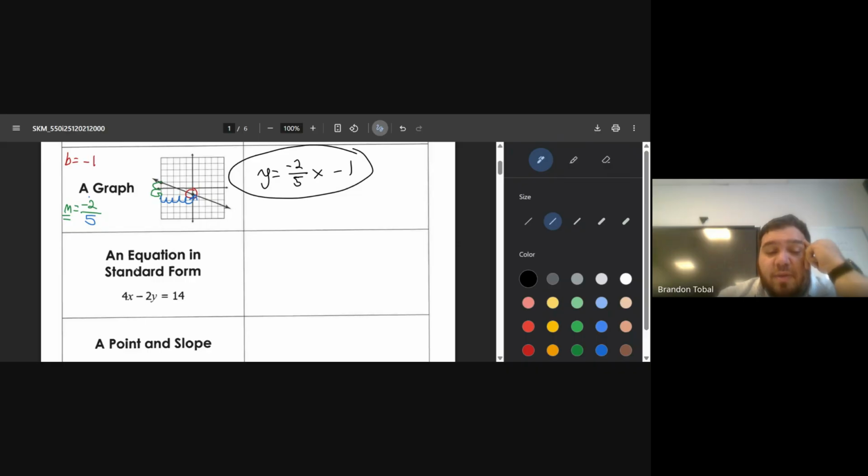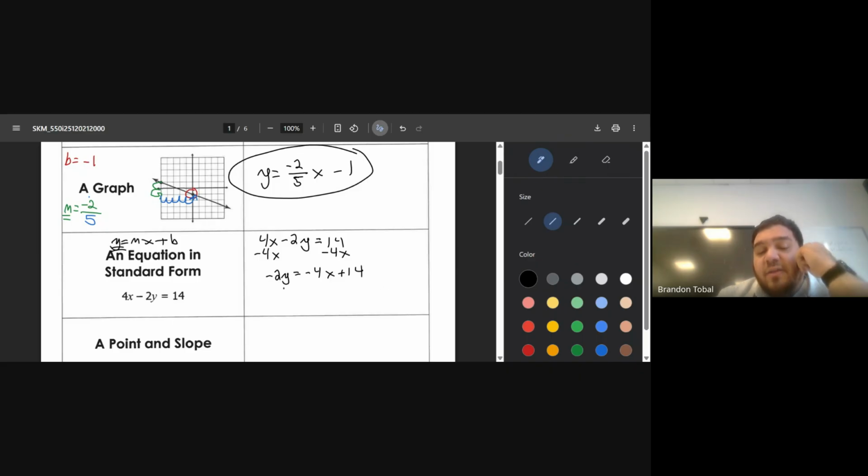Over here, remember, we're trying to make it look like y equals mx plus b. Because we're trying to make it look like that, I need to get the y by itself. So in this scenario, what I'm going to do is subtract 4x on both sides. So -2y equals -4x plus 14.